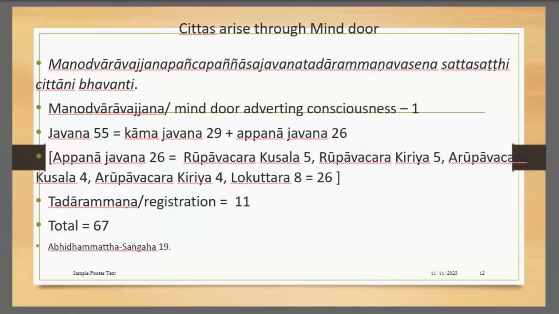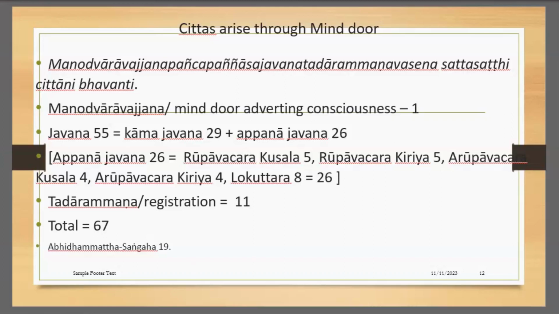Now let's review again the chittas that arise through the mind door. First, in the Manodvara, we start with the Manodvara Vajjana. Then whatever Javana Chitta may arise in the Manodvara, either Kama Javana or Appana Javana.